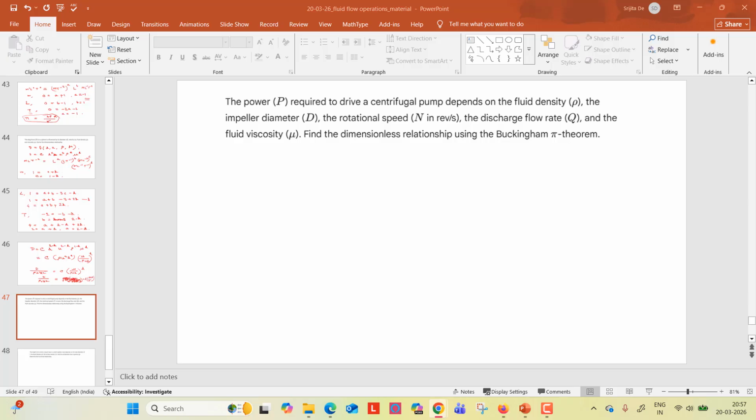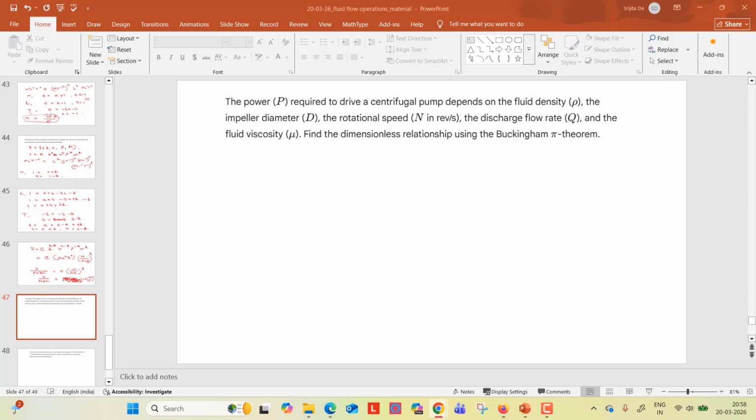Power required to drive a centrifugal pump depends on the fluid density, the impeller diameter, the rotational speed, the discharge rate, and the viscosity.